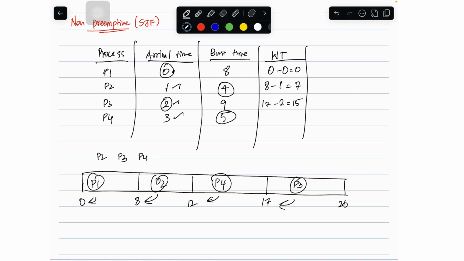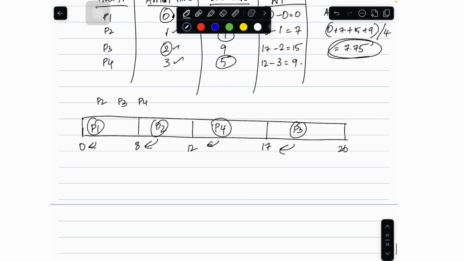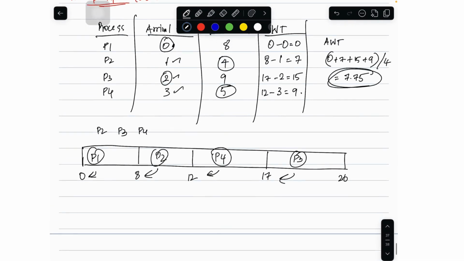And P4, 12 minus 3 is equal to 9. Now the average waiting time, 0 plus 7 plus 15 plus 9 divided by 4 gives 7.75. This is how shortest job first scheduling works.